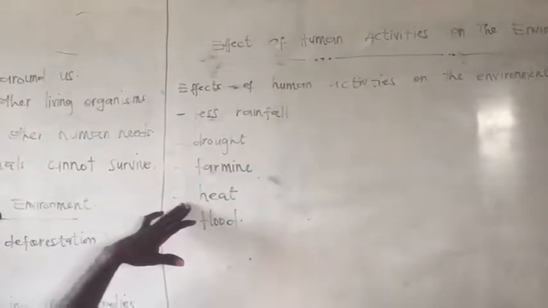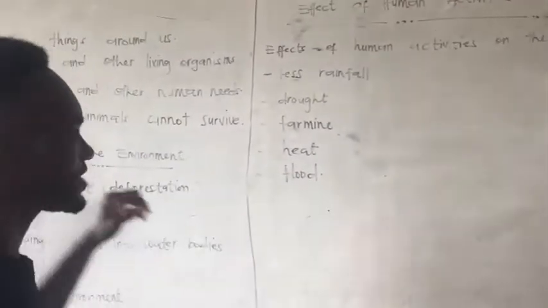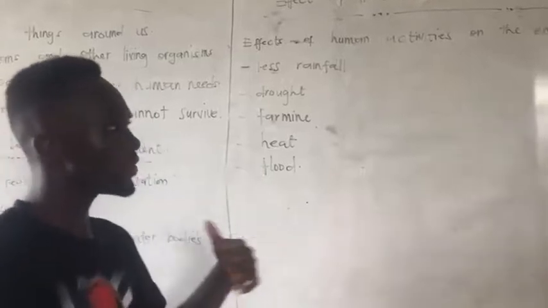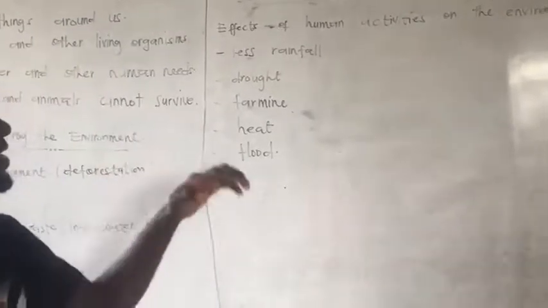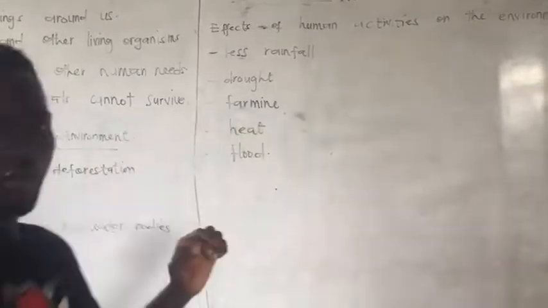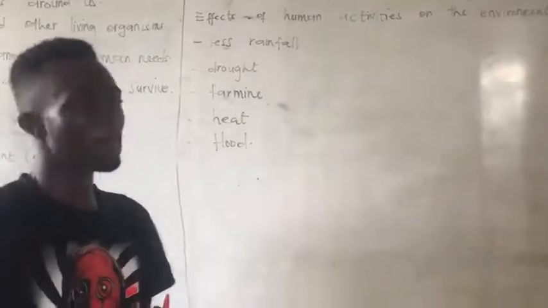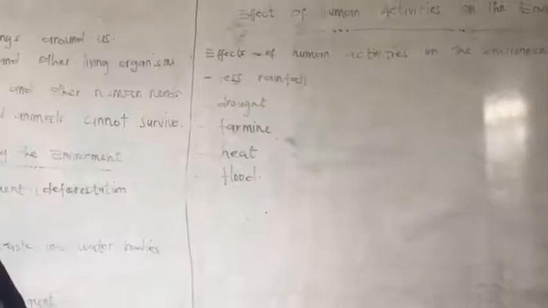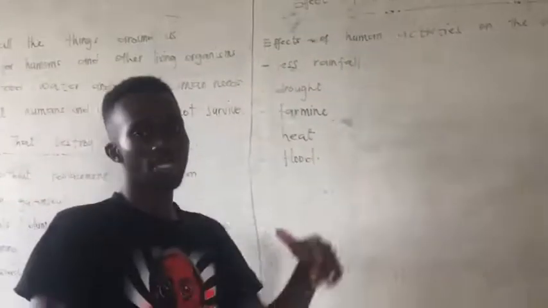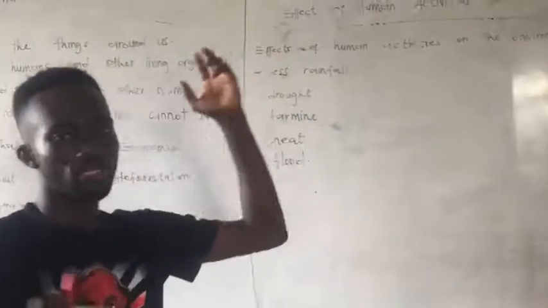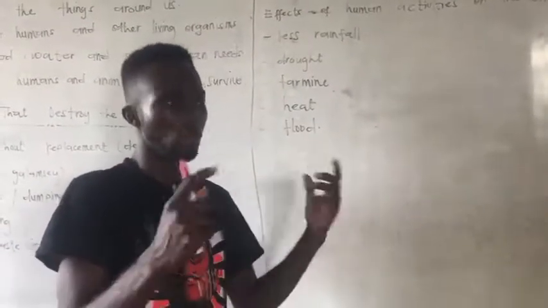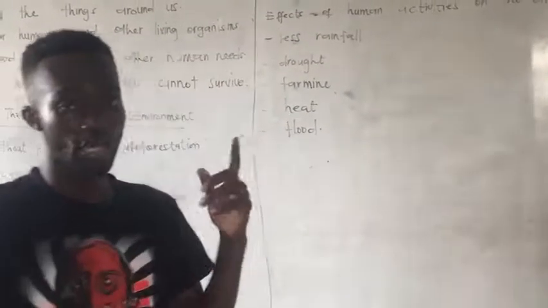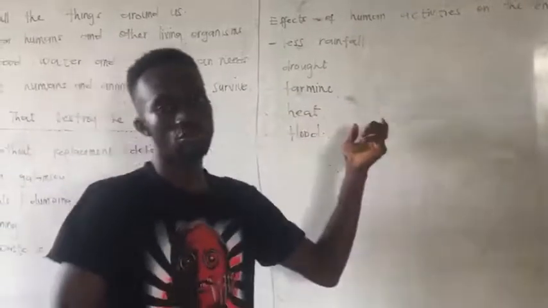Heat. Yes, human activities that destroy the environment, the kind of activities that we mentioned earlier on, tend to have the effect of heat on the environment, because when we burn bushes and we release harmful gases like smoke and fumes from car exhaust or motor vehicles into the atmosphere, they destroy the ozone layer.